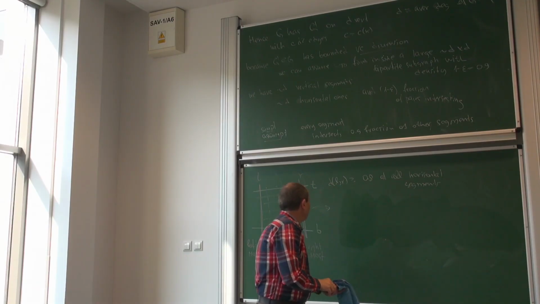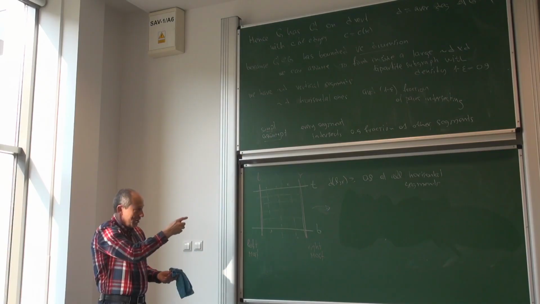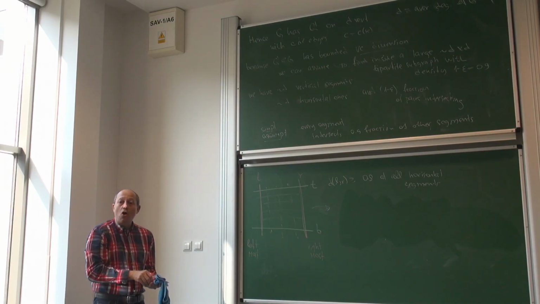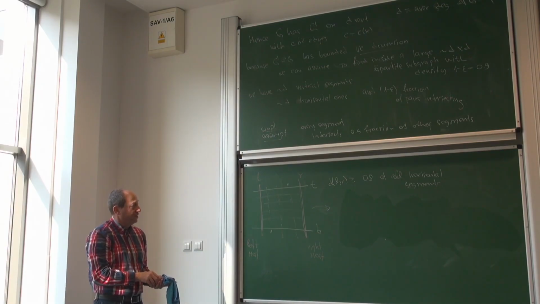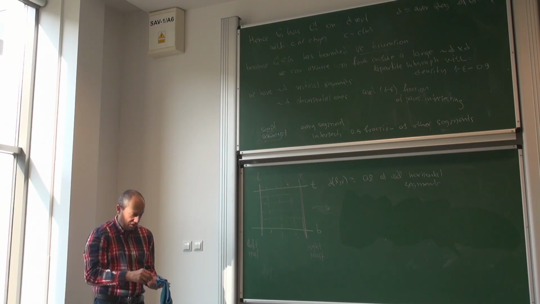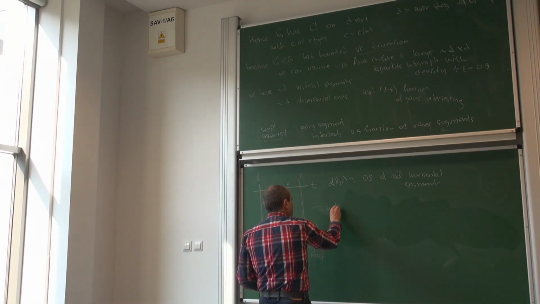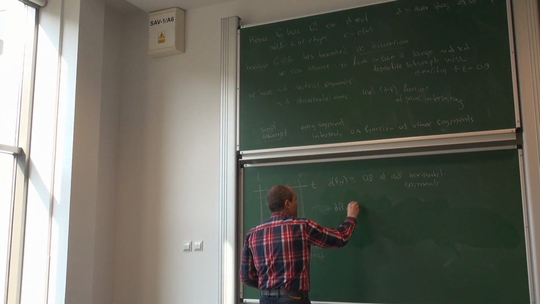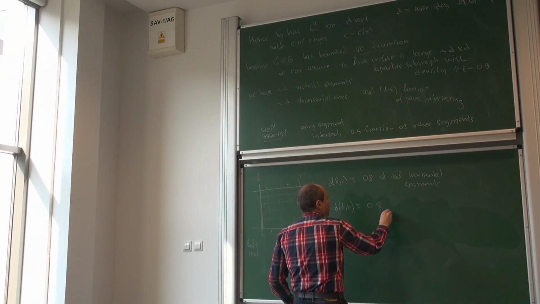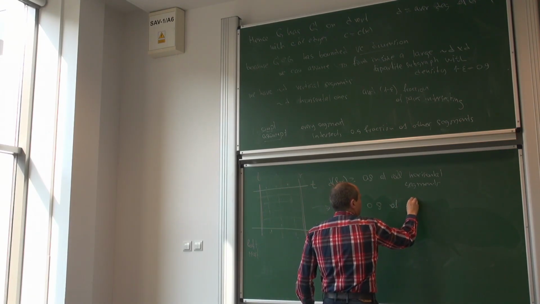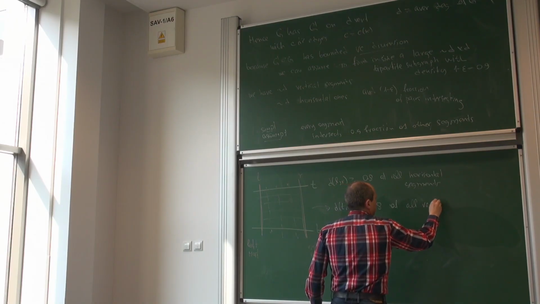Yes, very good. So now what I'll do, I will take for this T and B all red segments which intersect both of them, right? So note that the common neighborhood of T and B is also 0.8 of all vertical segments.